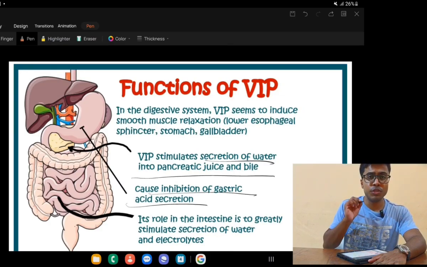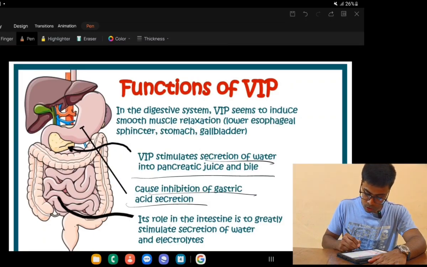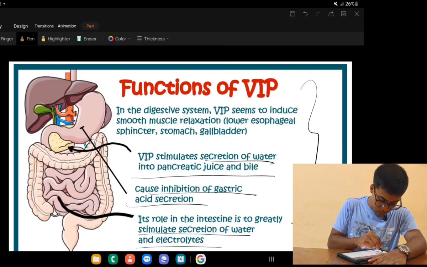So it keeps a check on the secretory action of the intestine as well as the stomach, and greatly stimulates secretion of water and electrolytes. That's why you should know these tumors.